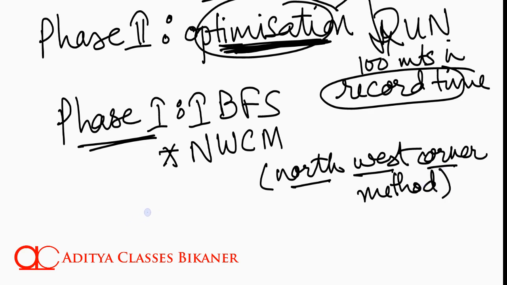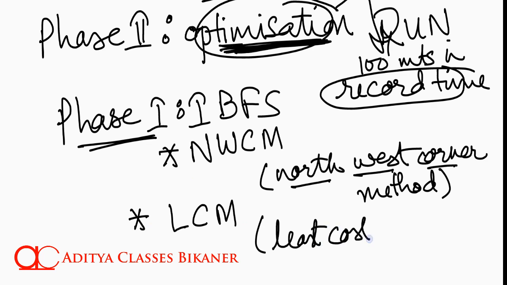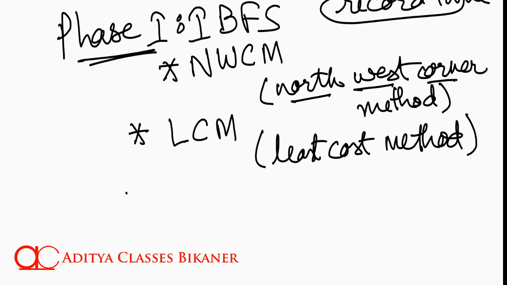So first one would be northwest corner method. Second method that we'll learn would be LCM, that is least cost method.